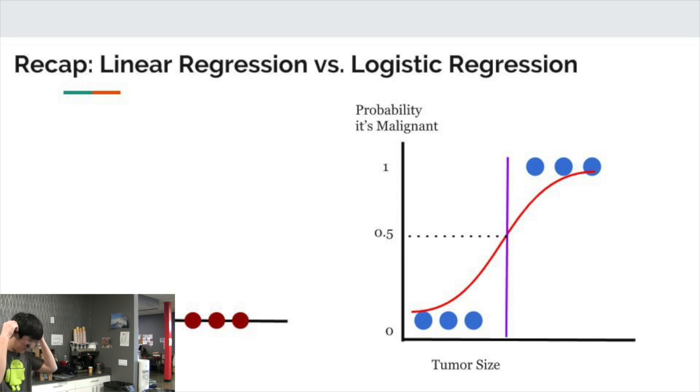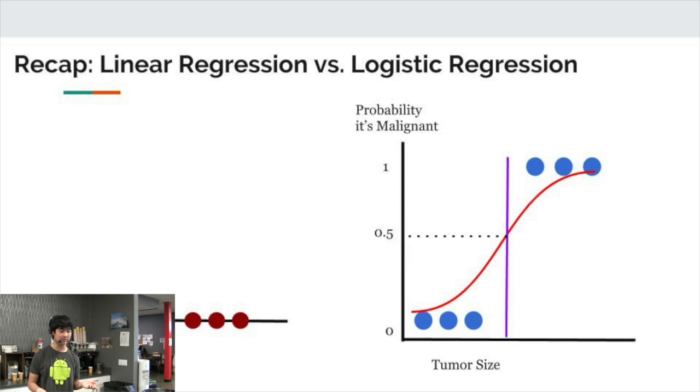So now let's talk a little bit about how you visually represent your logistic regression function. The idea behind the visual representation of logistic regression is that it's all about the boundary. The boundary is where the probability that it's malignant is 0.5.